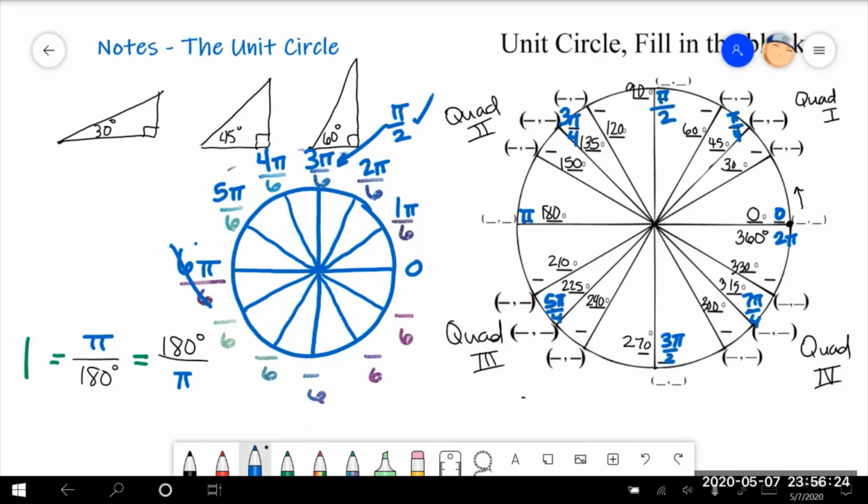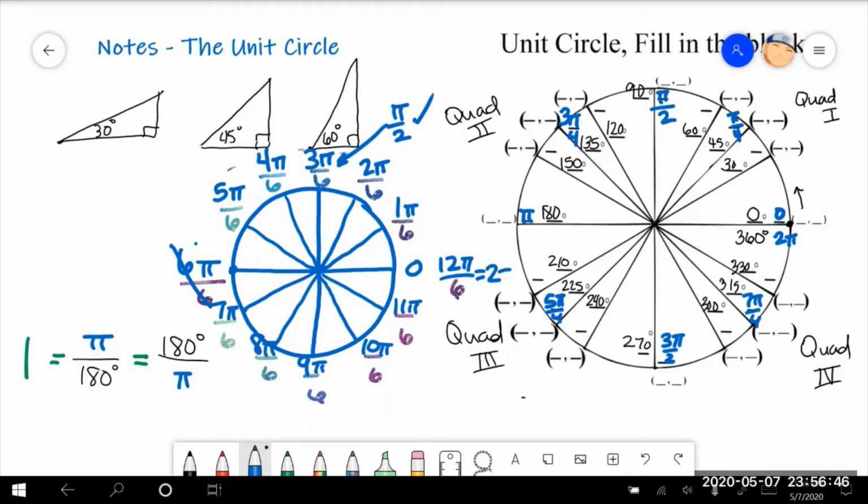And then to continue, I've had 6 slices left off here. I'm continuing with 7 pi, 8 pi, 9 pi, 10 pi, 11 pi, and then over here, technically, again, I've got 12 pi over 6. And so once more, I can reduce some of these, right?